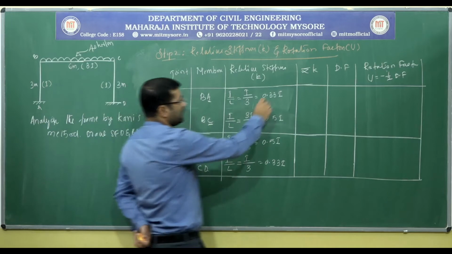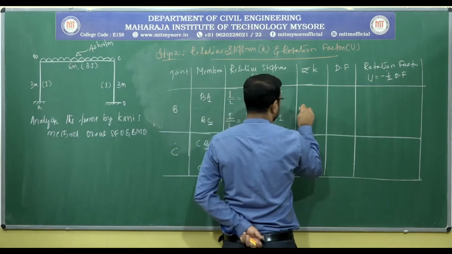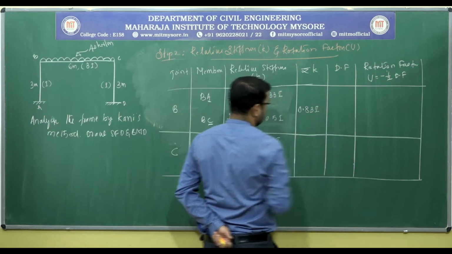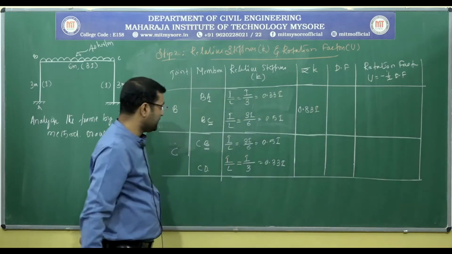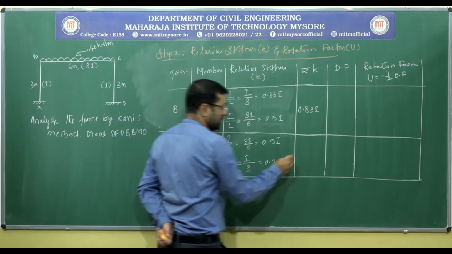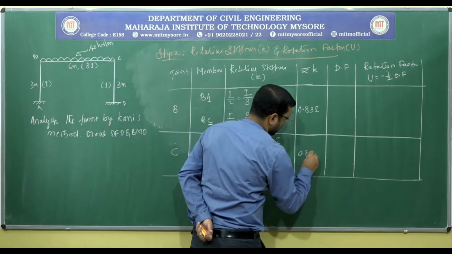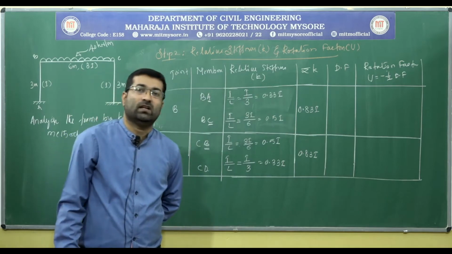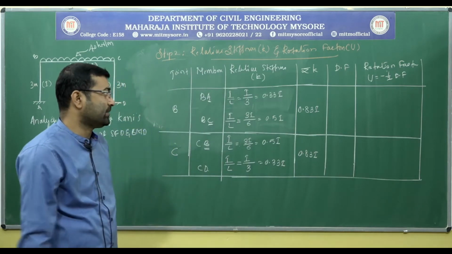For joint B we have two members and the total stiffness is 0.83 I, and similarly at joint C, 0.5 plus 0.33, it is 0.83 I. So these are the total stiffness at the joints.